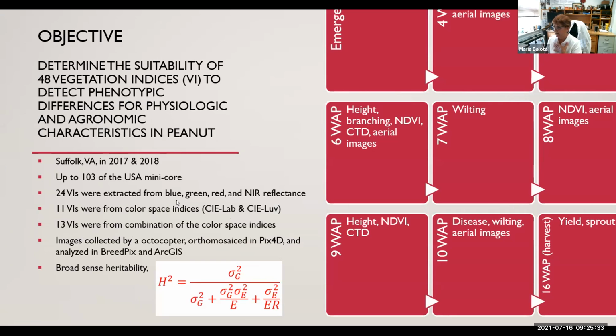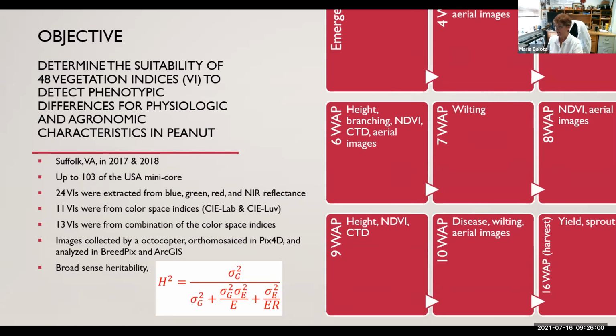And I plan on going into a little more detail today, not extraordinary detail because I cannot, about determining the suitability of 48 vegetation indices to detect phenotypic differences for physiological and agronomic characteristics in peanut.